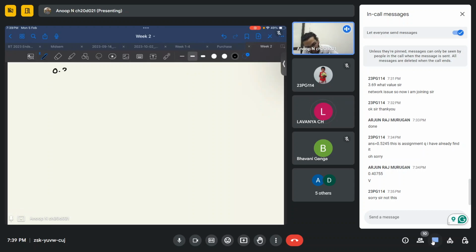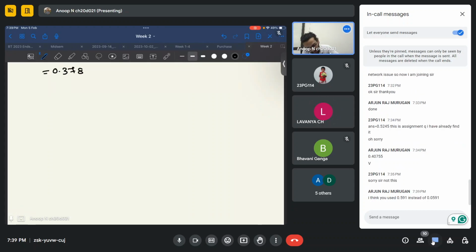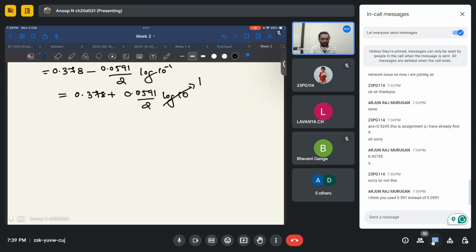It is 0.378 minus 0.0591 divided by 2 log of 10 raised to minus 1. This I will take out. So it can be written as 0.378 plus 0.0591 divided by 2 log 10. Log 10 is 1. So it will be like 0.378 plus this value.